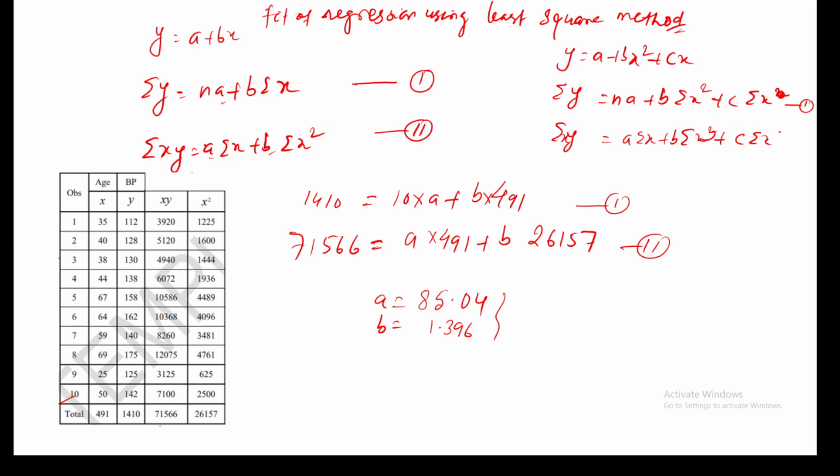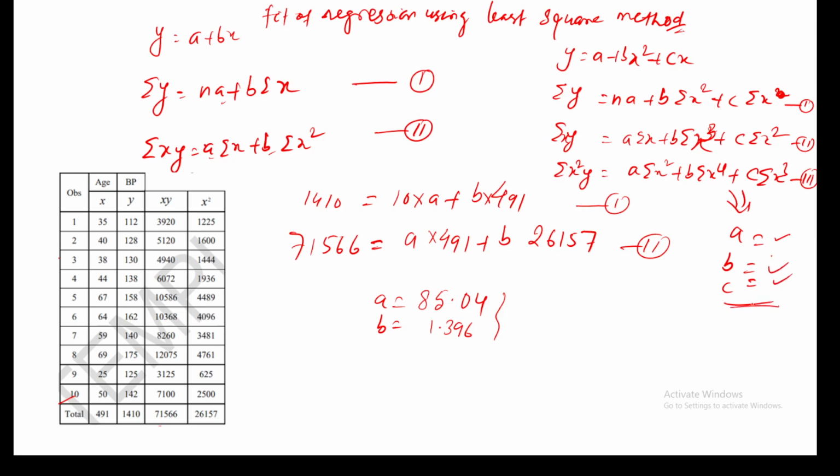This is equation 2. Now sigma x square y is a sigma x square plus b sigma x cube plus c sigma x power 4, which becomes equation 3. So we have 3 unknowns and 3 equations, so we'll get the values of a, b, c. That's what we mean by fitting of a regression line. This is the least square method.